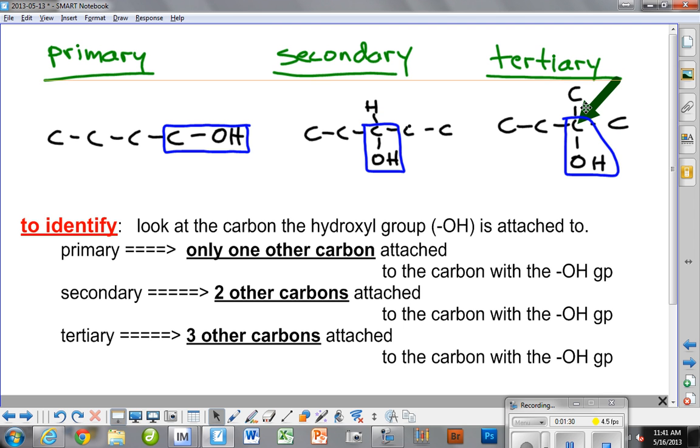Everything is in relationship to the carbon hooked to the hydroxyl group, telling us how many carbons are hooked up to that particular carbon. So that was our little review on hydroxyl groups and their making primary, secondary, or tertiary alcohols.